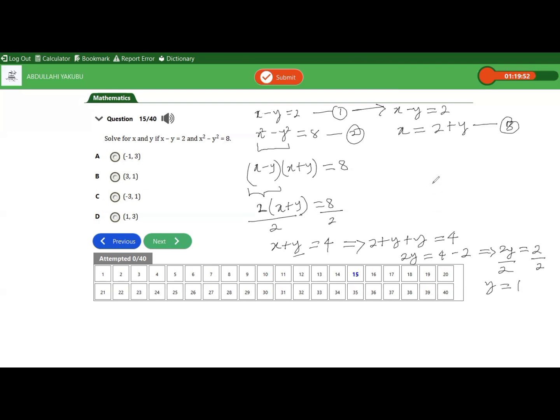If y is equal to 1, coming here, we have x is equal to 2 plus y, which is 2 plus 1, which is equal to 3. So the correct option here is 3, 1, because it's always x, y. The x-axis before y-axis, so it's going to be 3, 1, which is option B.